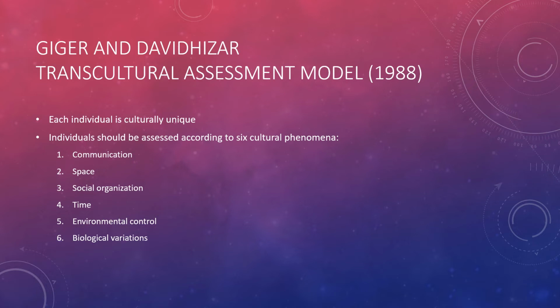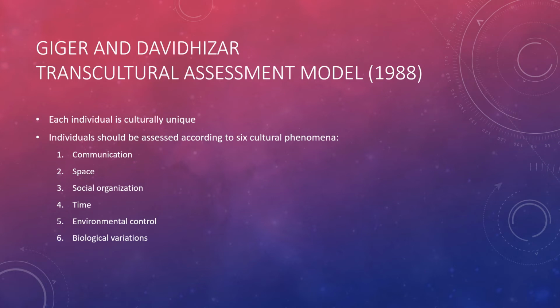The Giger and Davidhizar transcultural assessment model proposes that each individual is culturally unique, that they may be a member of a culture, but that their interpretation of that culture and their practice of that culture is unique to them, but also to their life circumstances and the experiences that they've had.